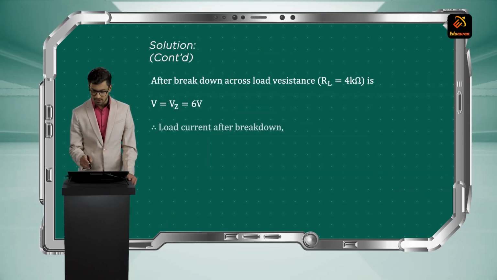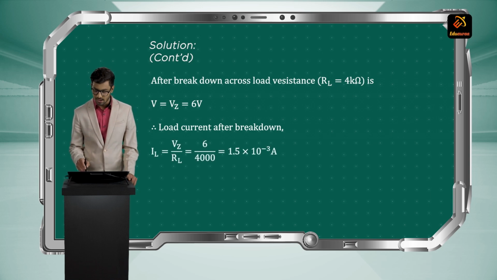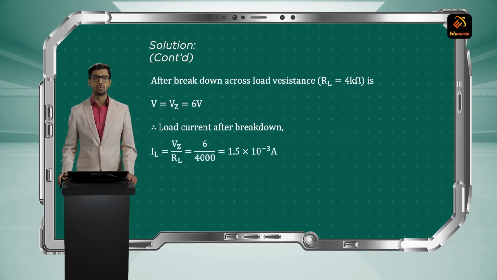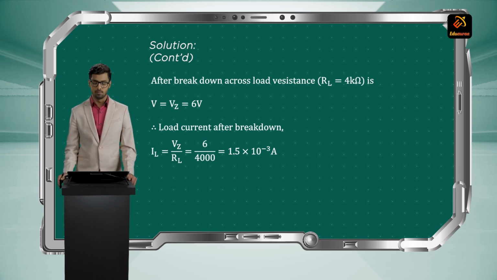We also know the voltage across it, so we can easily find the current going through it, which is IL. V equals IR, so I equals V by R. IL will be equal to 6 volt upon 4000 ohm. If we do this calculation, we get the load current equal to 1.5 into 10 raised to minus 3 ampere.